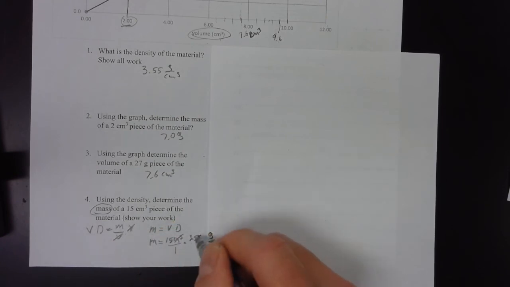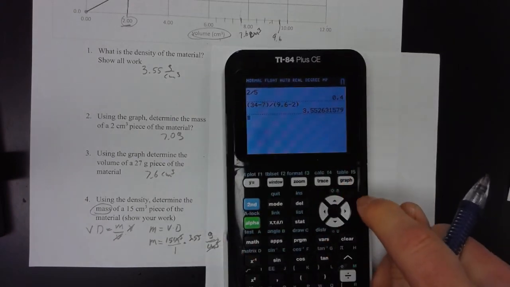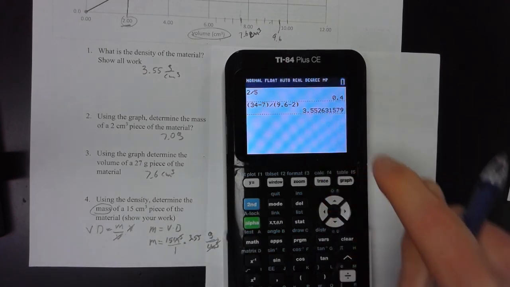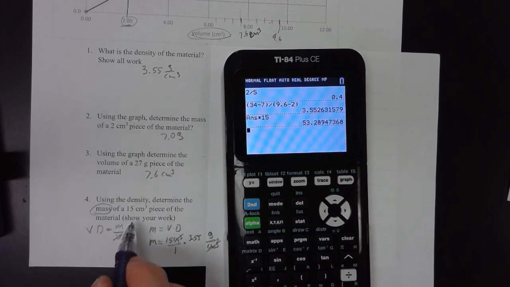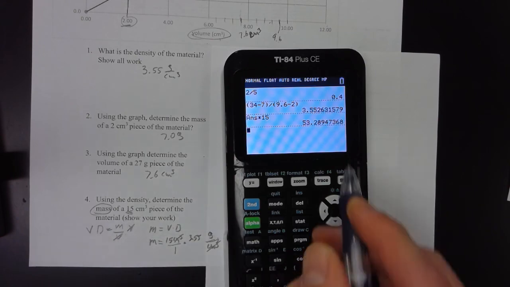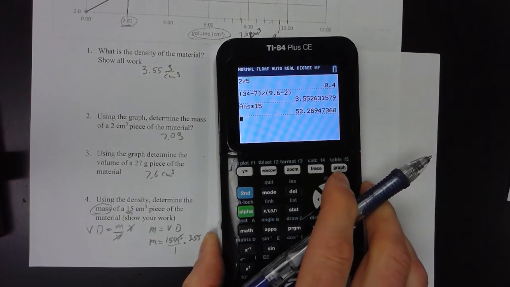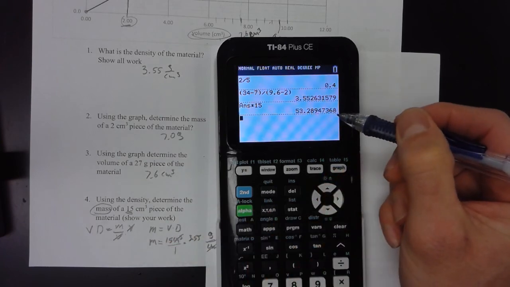So I've got to do 15 times 3.55. I'm going to actually use that whole number I had earlier, multiply that by 15, and then I'll round that off. That's only 2 significant digits right there. So 2 would be 53. It's 53.28, but all these numbers are really unknown.